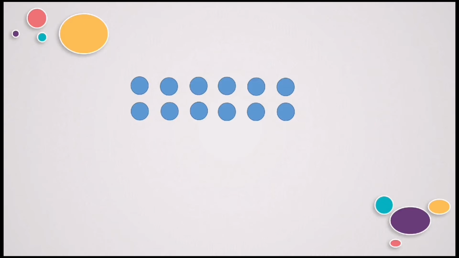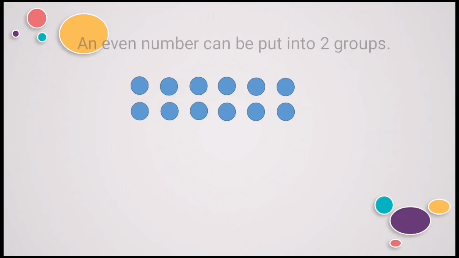So here is another example. I have here dots. So we have 2, 4, 6, 8, 10, and 12. An even number can be put into two groups. Remember, an even number can be put into two groups or two pairs, or be paired.